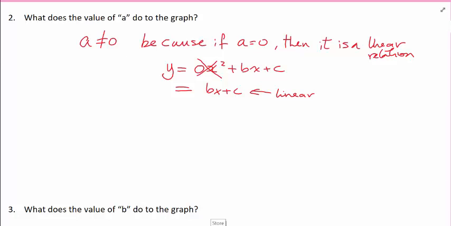So let's talk about the other thing that we saw with A. If A is greater than 0, what happened to the parabola? Curves which way? Up, right? So we say that it opens up. This one was A is a positive number.